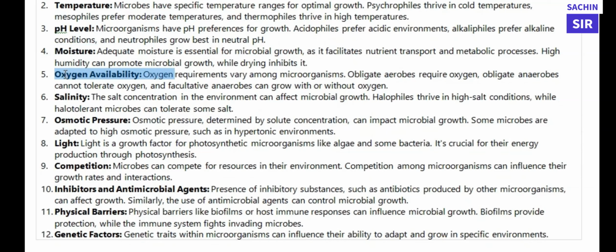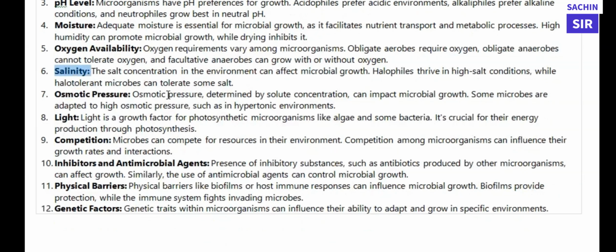Oxygen availability. Oxygen requirements vary among microorganisms. Obligate aerobes require oxygen, obligate anaerobes cannot tolerate oxygen, and facultative anaerobes can grow with or without oxygen. Salinity. The salt concentration in the environment can affect microbial growth.